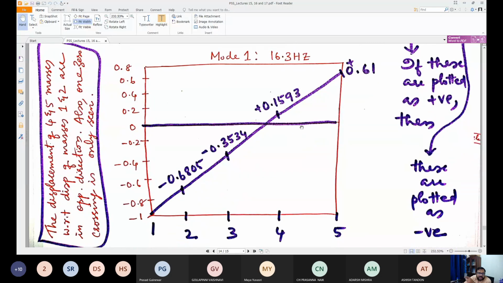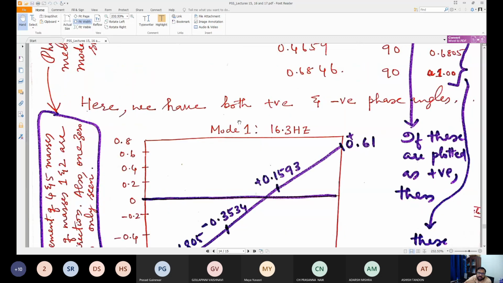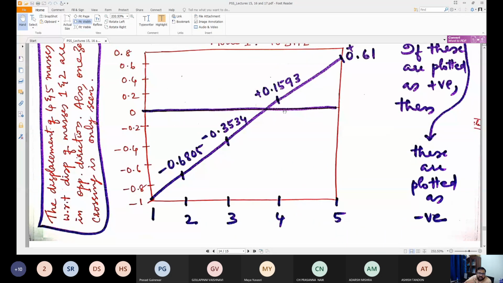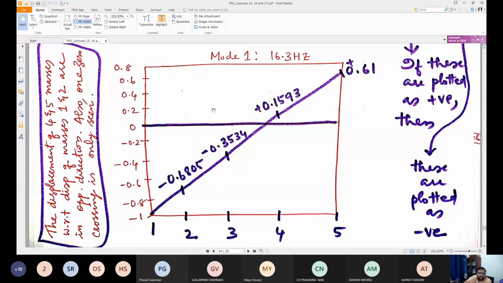Here, in the mode shape you can see two masses have magnitude more than 0. These two are minus 90 degrees, these three are plus 90 degrees. So these two are beyond the 0 point, and these three are below the 0 point.